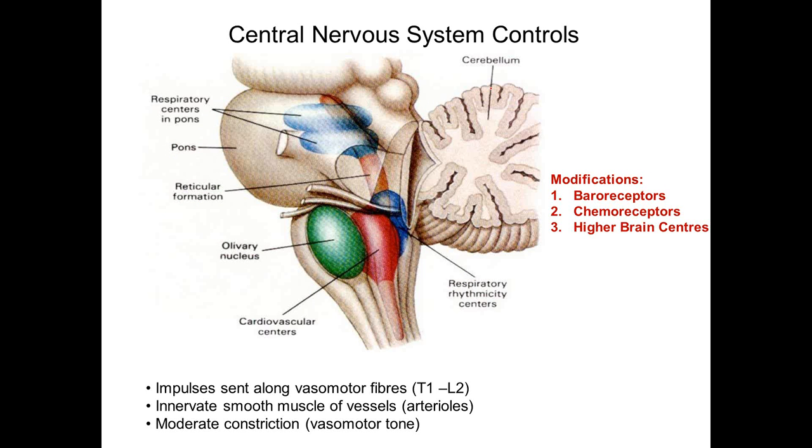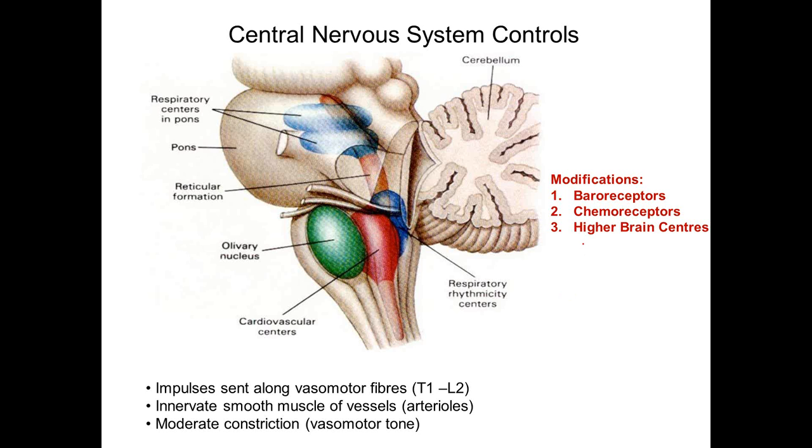There are a number of reflexes, homeostatic mechanisms that can control blood pressure. Pressure can be sensed, and we saw it in one of the very first lectures, in things called baroreceptors, receptors that respond to pressure. We can also respond to chemical changes in the blood, and that will change blood pressure. And we can also influence our blood pressure by inputs from higher brain centers, like emotions. So stress, for instance, can increase our blood pressure.